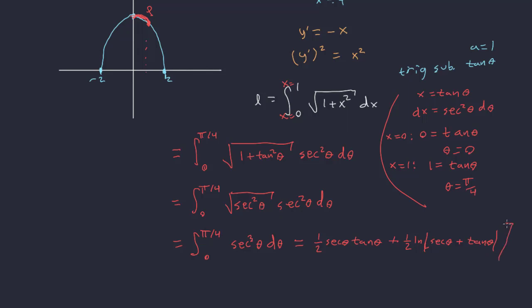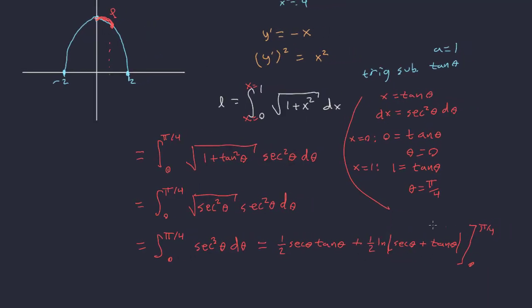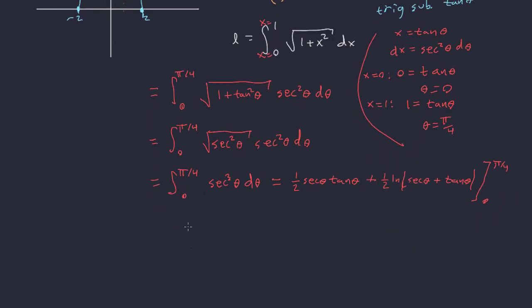All right, and then we're going to evaluate this from 0 to pi over 4. So thankfully, changing the limits does keep us from having to use a reference triangle. Of course, some may argue that there's maybe not much difference there.